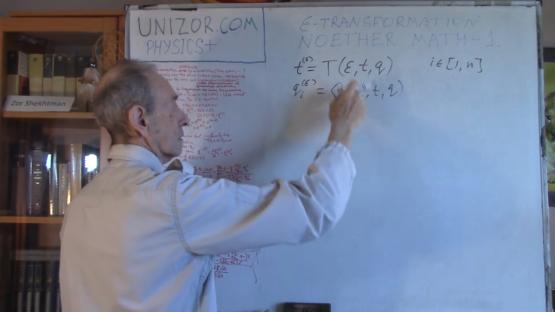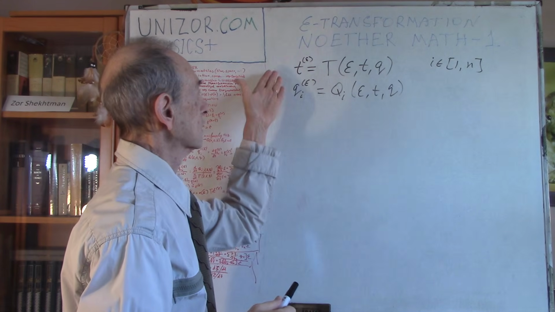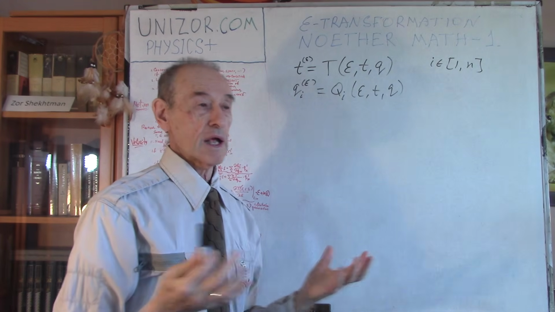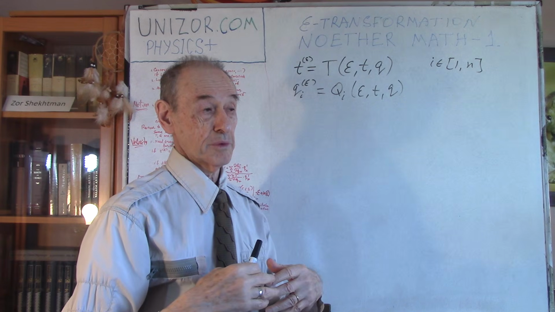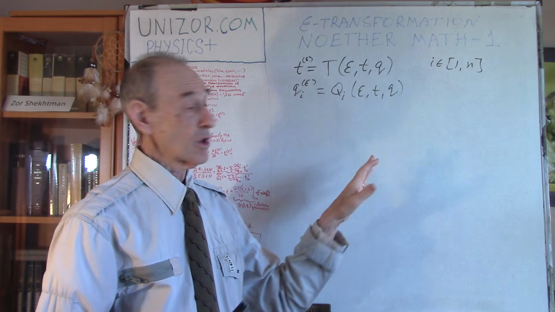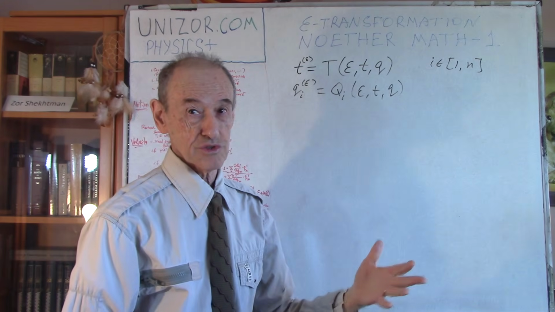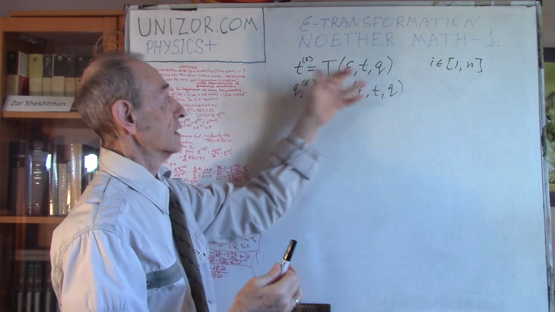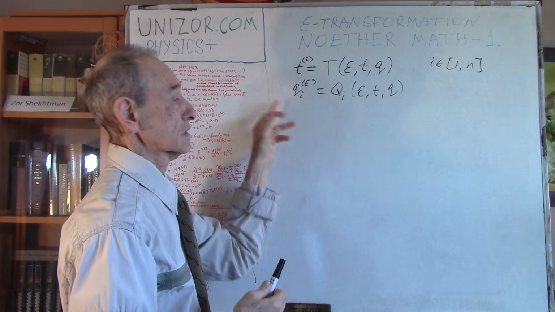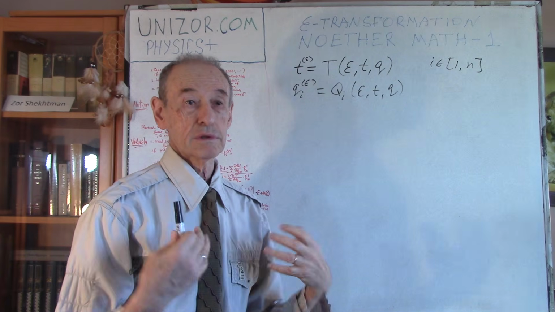So we have one parameter, epsilon, which tells us how time and generalized coordinates are changing as a result of motion. Now, we don't really have to talk about motion right now. Motion is physics, and we're talking about mathematics. So just consider that these are functions or families of functions. For each epsilon, we have some kind of transformation of time and transformation of coordinates. So epsilon is a parameter of transformation.